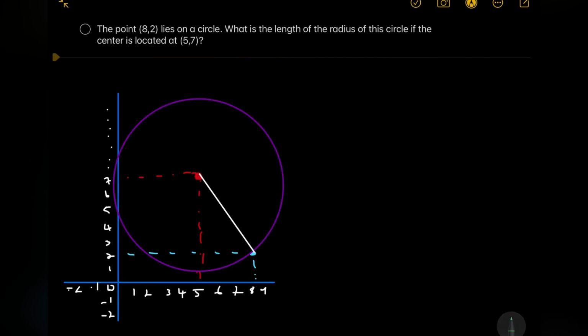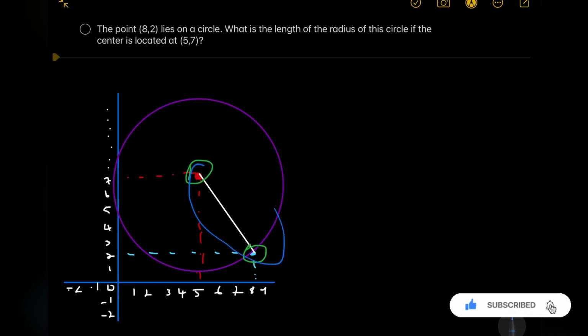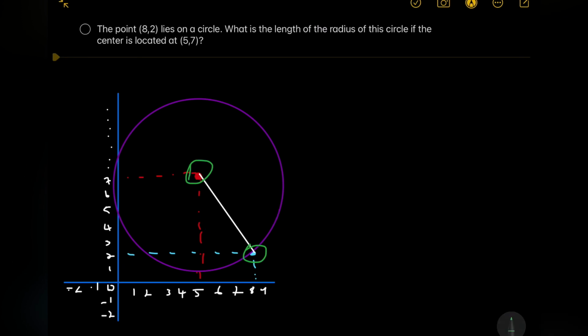So obviously this is not drawn to scale, but this is where the center of the circle is, and this is where it touches the circle. So we're going to find the length of this white line there. So let's do that. We will attempt this using the same formula.